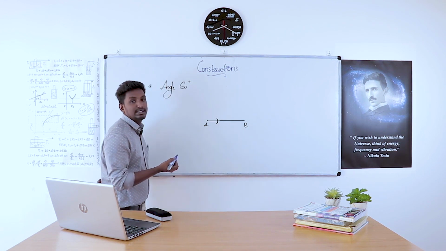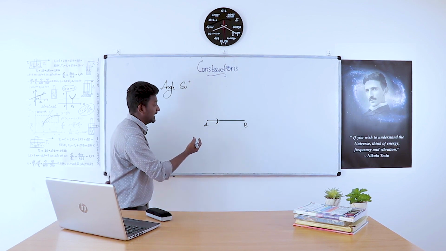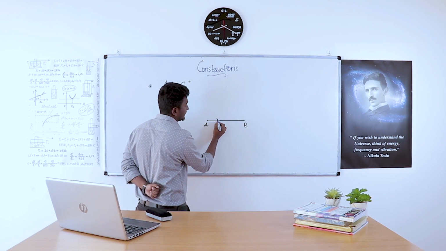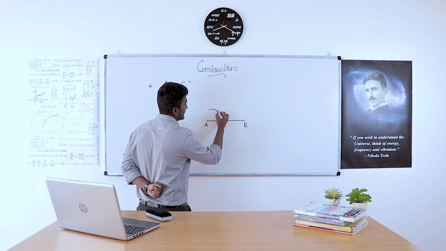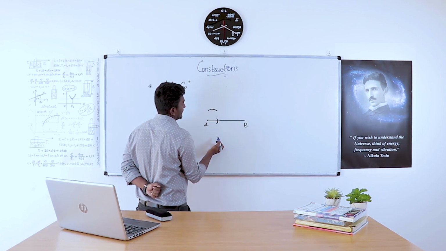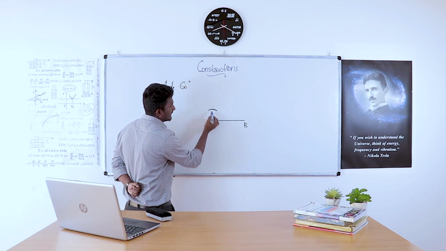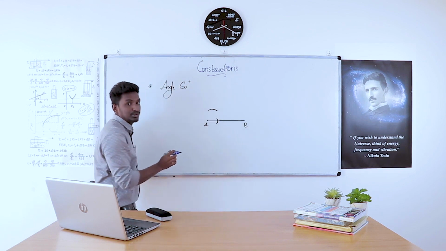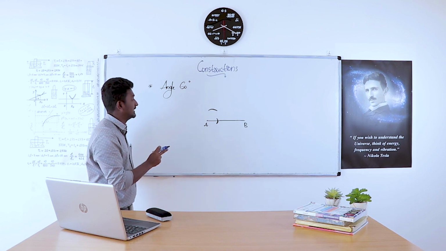Then take the compass from A and fix it here, and again make an arc. Clear? Okay. So when these both arcs are joined together, at that point we can draw a line segment and that will give us 60 degree.